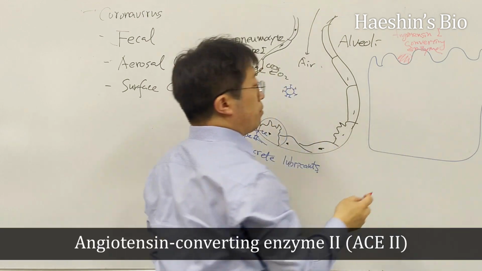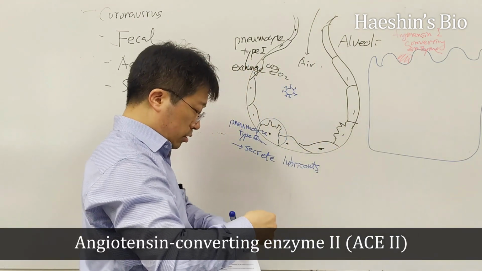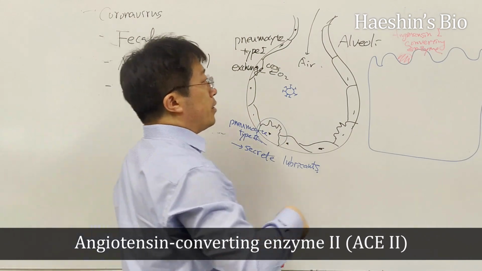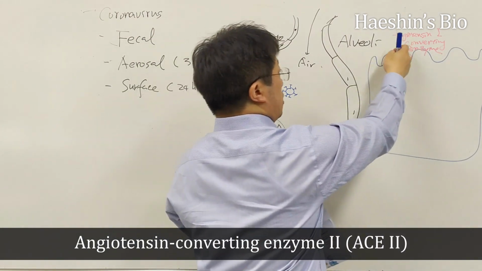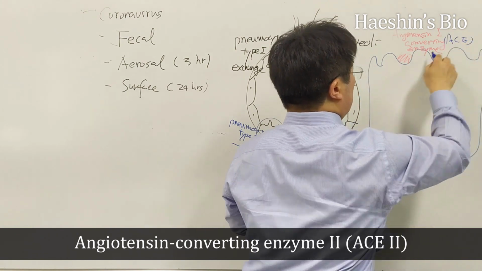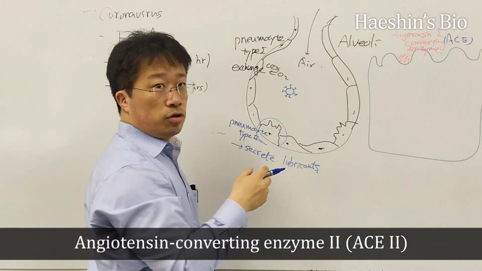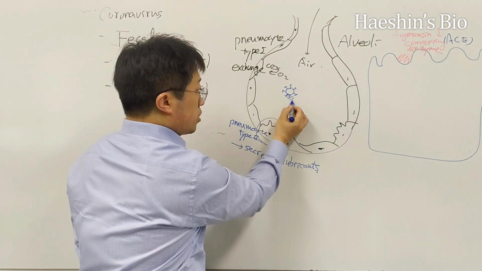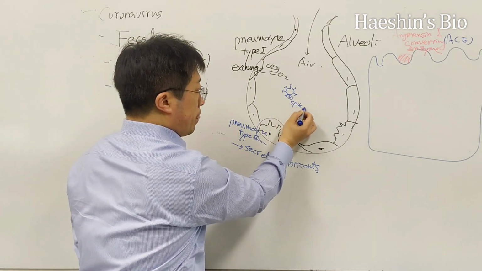This is a membrane protein. The membrane proteins are just in the membrane, which means it is exposed on the surface. This is called ACE. These ACE proteins exist in the pneumocyte type 2. The coronavirus has what we call a spike protein.